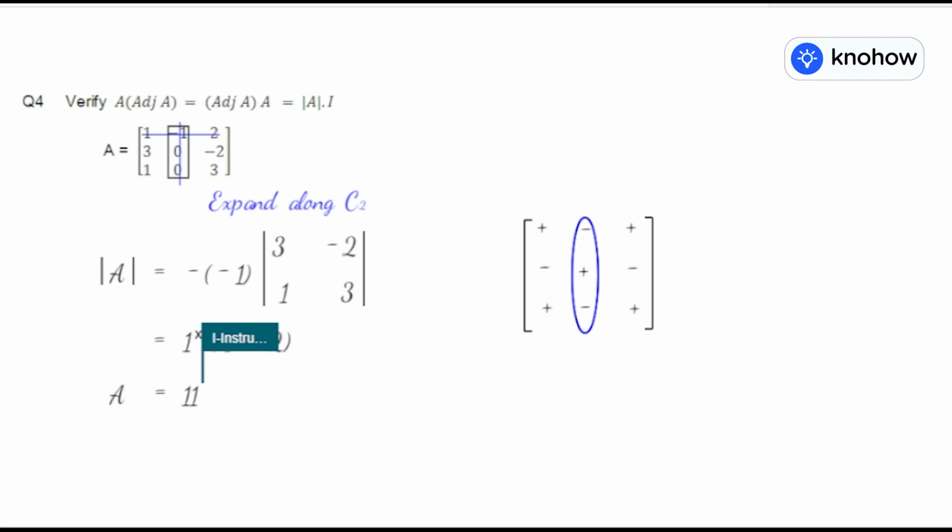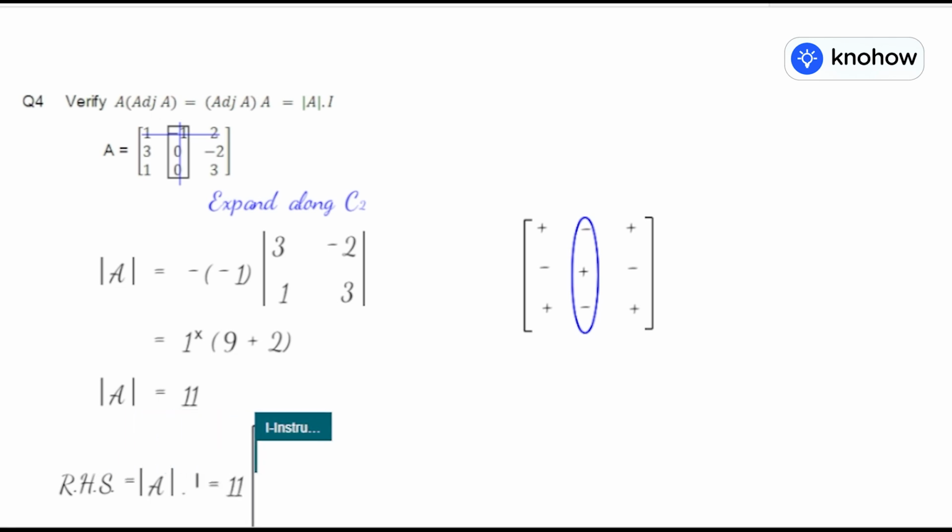And what is the extreme right hand side? The right hand side which we have to prove is determinant A into identity matrix. Let me prove this also. 11 times, as determinant A is 11, and the identity matrix is 1, 0, 0, 0, 1, 0, 0, 0, 1.